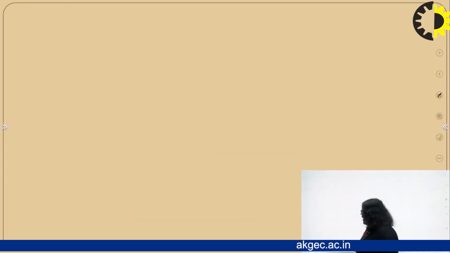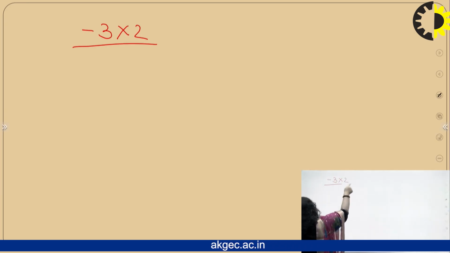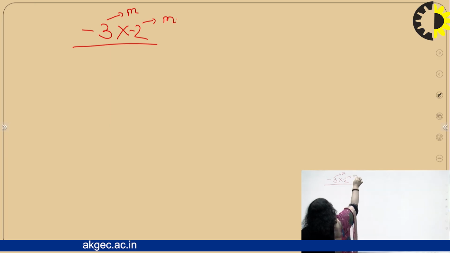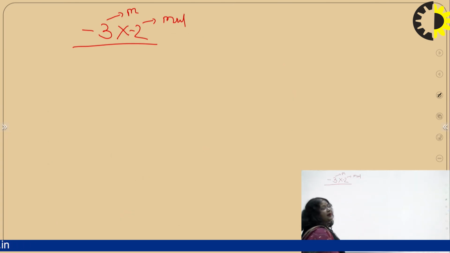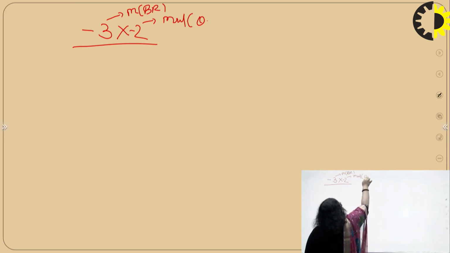For example, we take -3 multiplied by -2. This is the multiplicand, this is the multiplier. We say that the multiplicand is in BR and the multiplier is in QR.